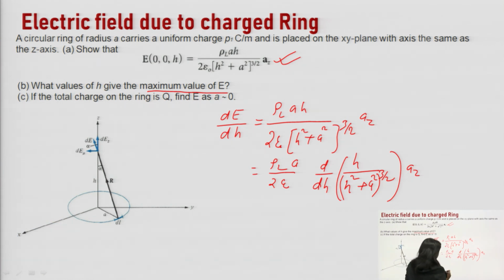So how to find that? It will be rho L A by 2 epsilon, d by dh.